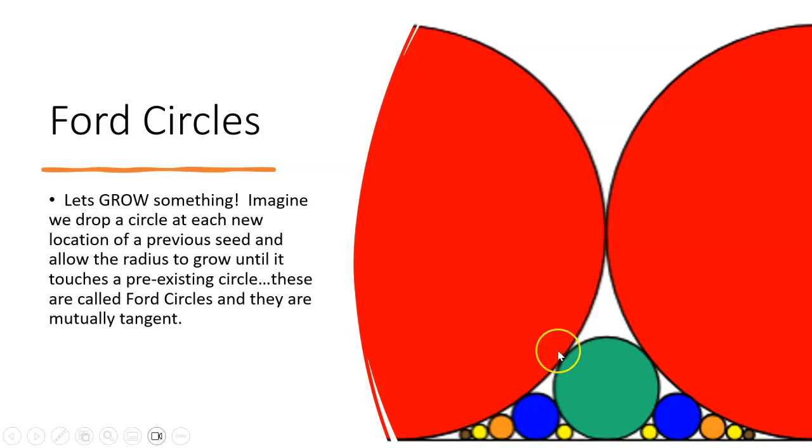Once it does, that intersection will be the new seed point, and a new circle will drop and grow. You may have seen this in a math class, a geometry class, or online. This is actually pretty cool, but these are forward circles, and that's how they are created.